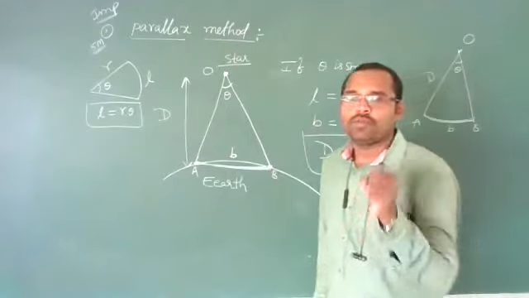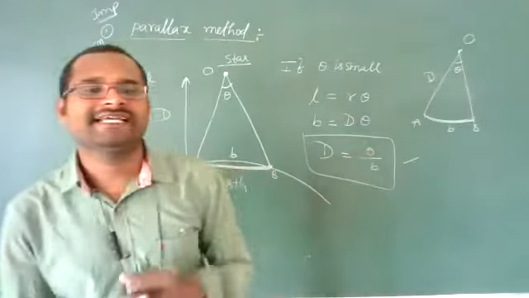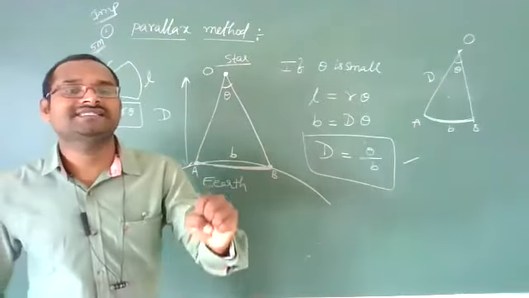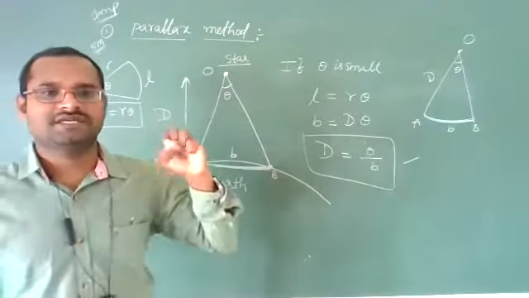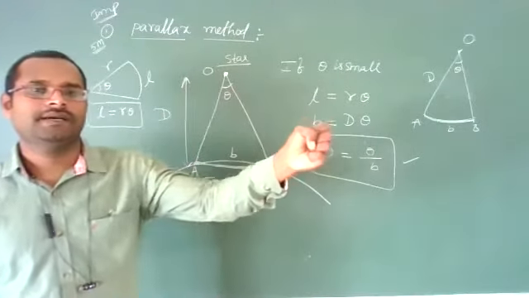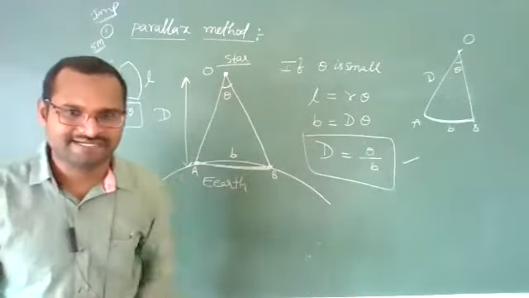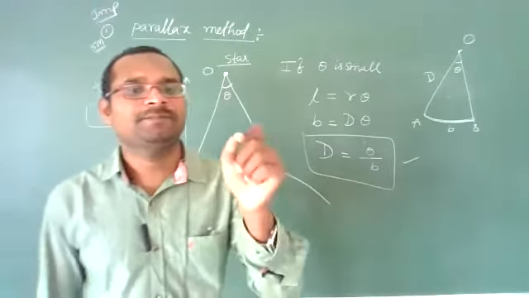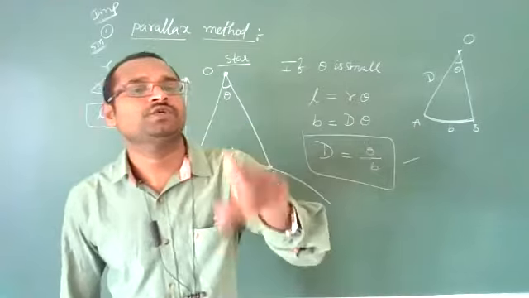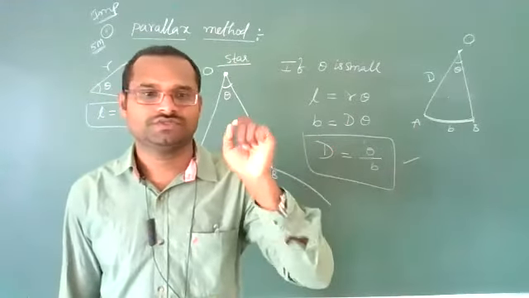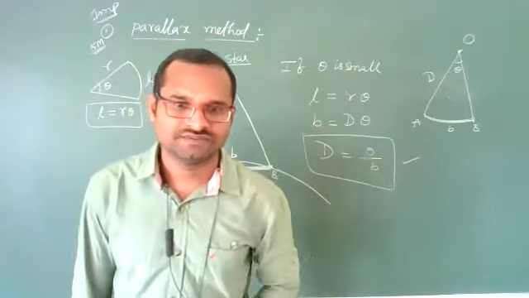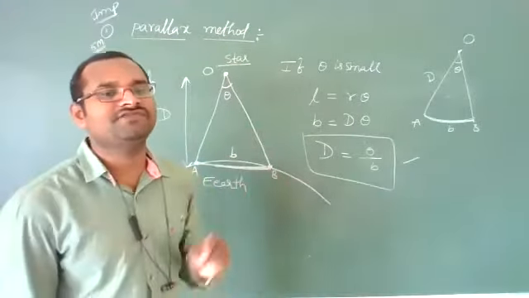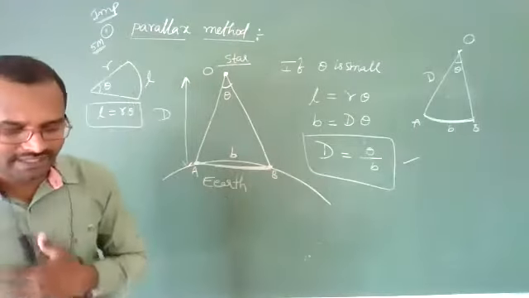Now, what is the parallax method? And explain how we will use this method to find the distance of far objects like the moon, stars or other planets. Parallax is nothing but the shift in the position of the object with respect to the background.